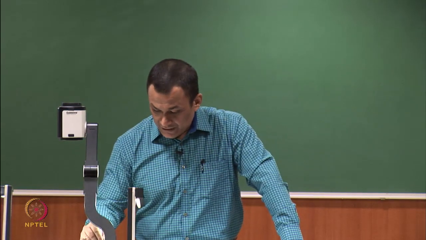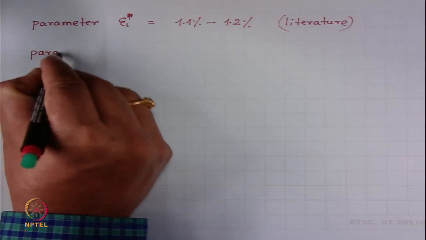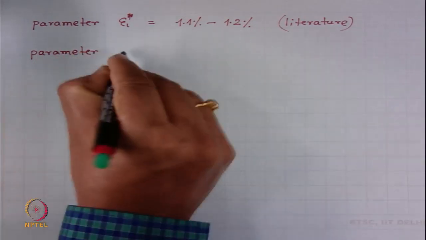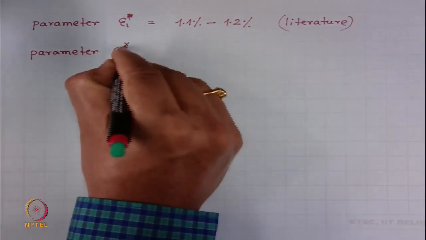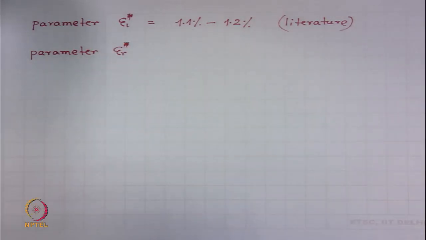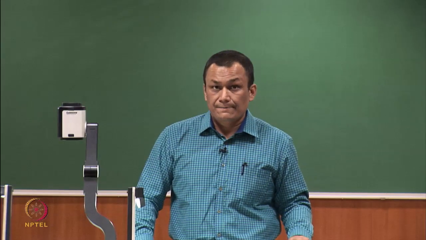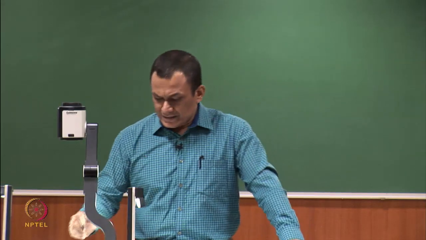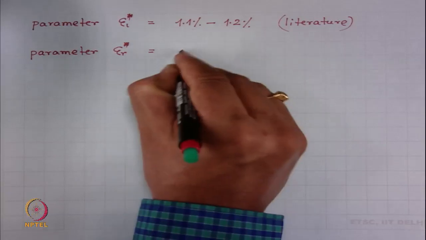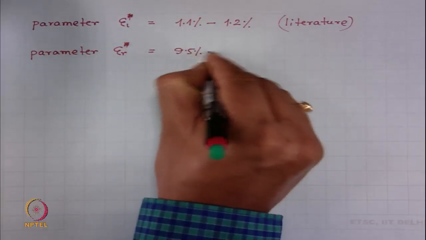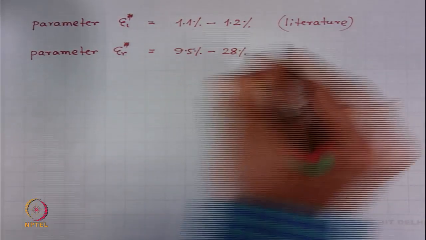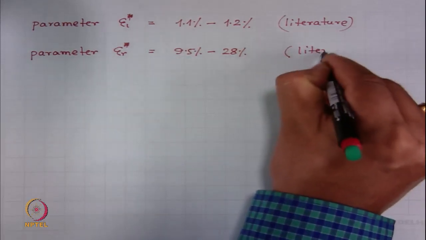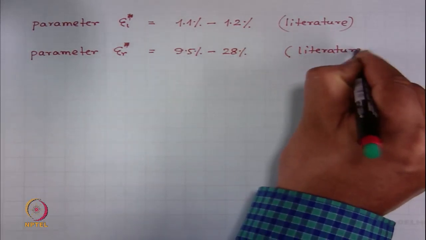Then comes another parameter, epsilon r star. What is epsilon r star? It characterizes relative extension of radius. So, this is generally reported as 9.5% to 28% in literature.